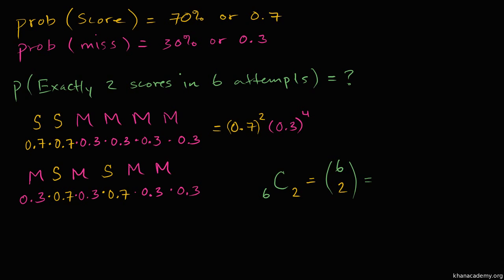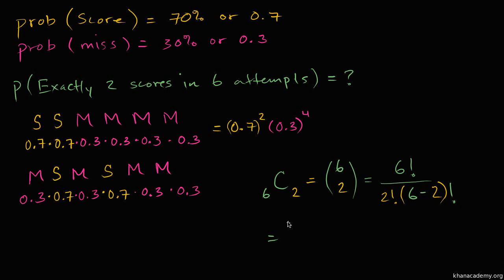This is going to be equal to 6 factorial over 2 factorial times 6 minus 2 factorial. I'll do the factorial in green again. 6 minus 2 factorial. And what's this going to be equal to?